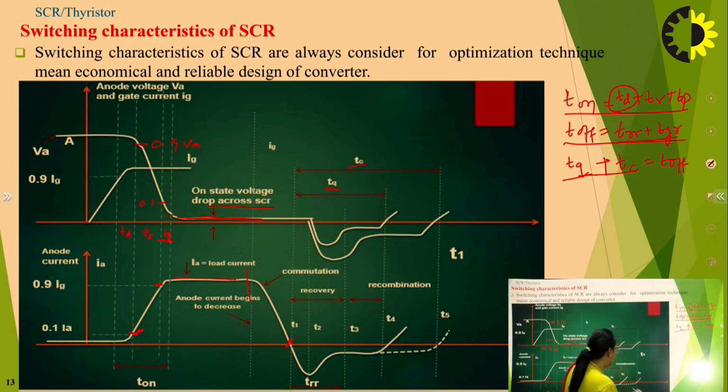So during T1 to T3, which is represented by TRR, called the reverse recovery time, excess carriers from the outer junctions J1 and J3, that is, holes from the outer P layer and electrons from the outer N layer, are removed during the time T1 to T3.